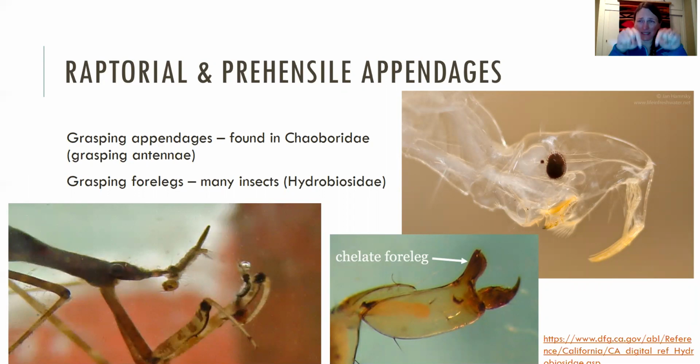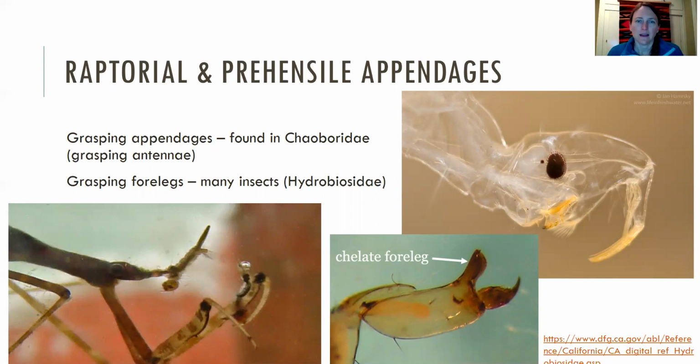Its antennae have been modified almost into like an excavator, you know, like it can grab things using its antenna like that. And then in some insects, they modify so all they have is like a claw, right? But if they build something like this, then their claw can become a pincher, basically, like it can grab things. So that's called a chelate foreleg.